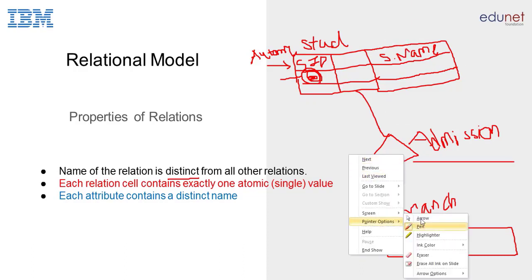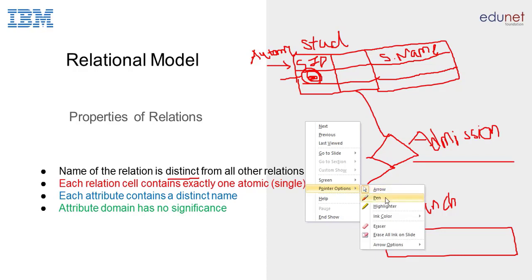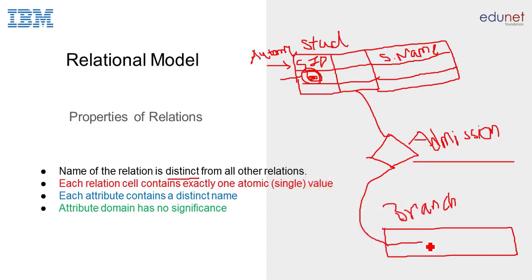Now next understanding: attribute domain has no significance. What does that mean? Let's understand it with a table. For example, suppose the branch table has student ID and branch location.